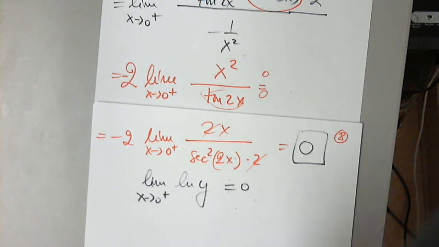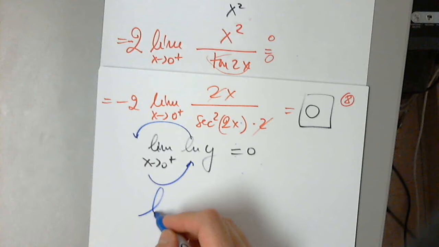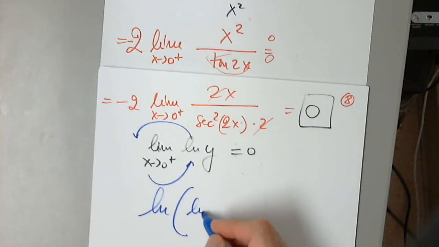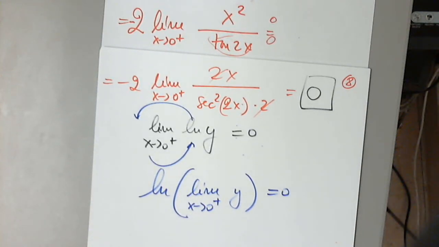Based on continuity, I'm allowed to swap the operators. So I have natural log of the limit as x approaches 0 from the right. If you remember in continuity, I mentioned this is a very important theorem, allowing us to swap the operators. We're going to use it a lot.